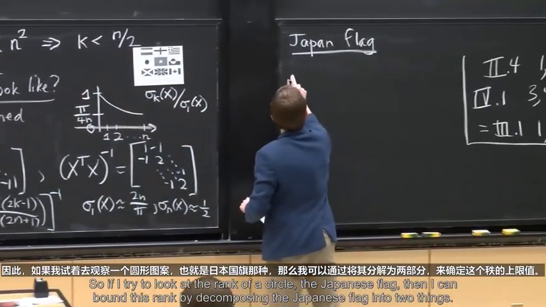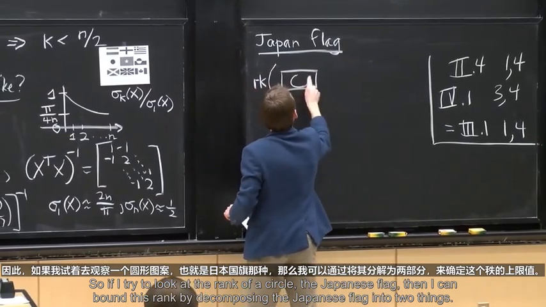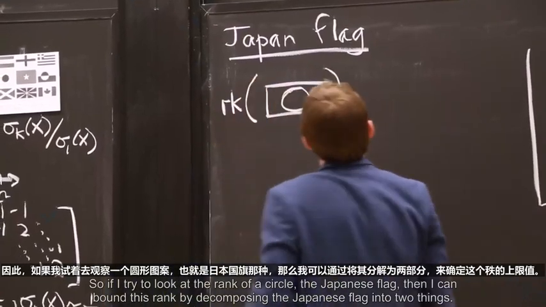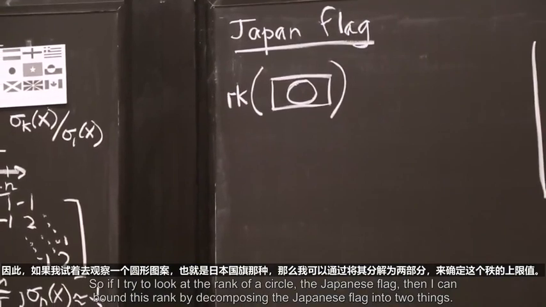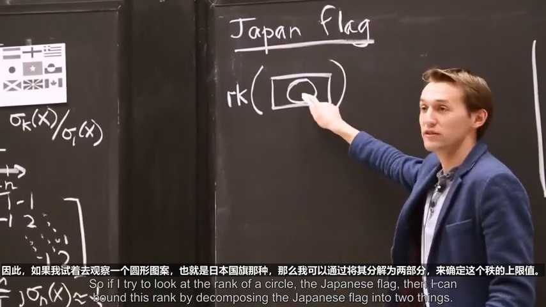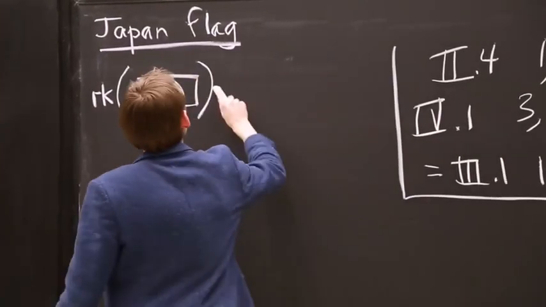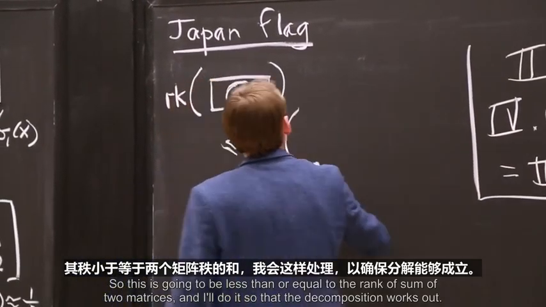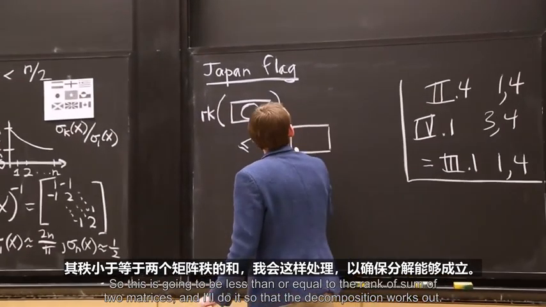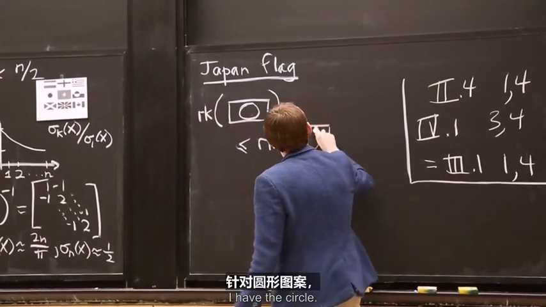So if I try to look at the rank of a circle, the Japanese flag, then I can bound this rank by decomposing the Japanese flag into two things. So this is going to be less than or equal to the rank of a sum of two matrices. And I'll do it so that the decomposition works out. I have the circle.